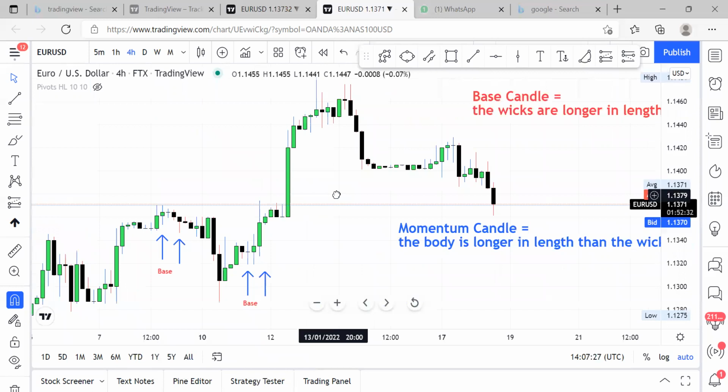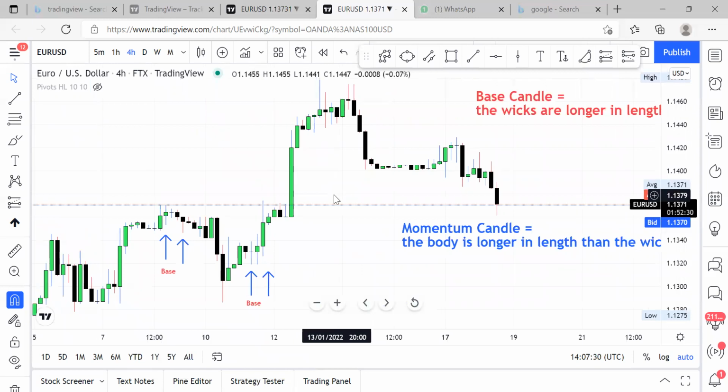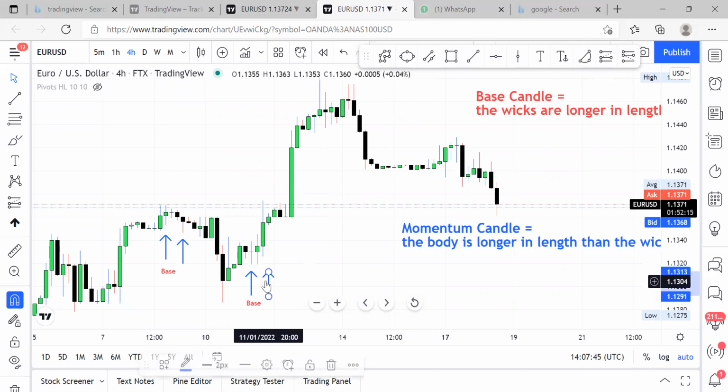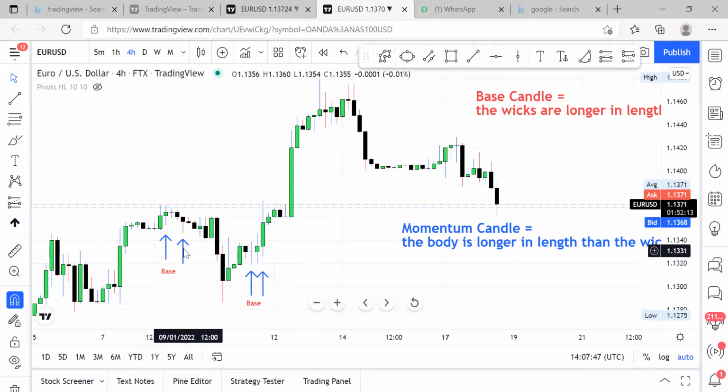By identifying these candles on higher time frames, this will enable you to go to lower time frames and get better trading opportunities. So if you look here, we've got a base candle and another base candle here as well. We've got quite a few base candles within that region.